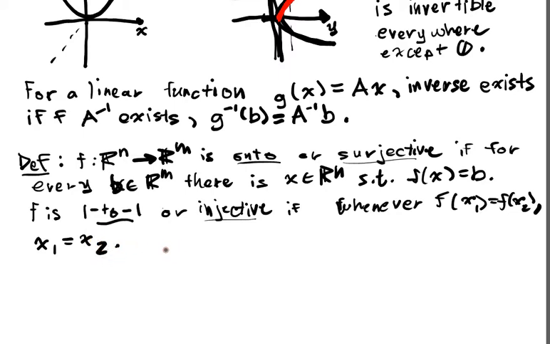That means there's at most one solution to f of x is equal to b.